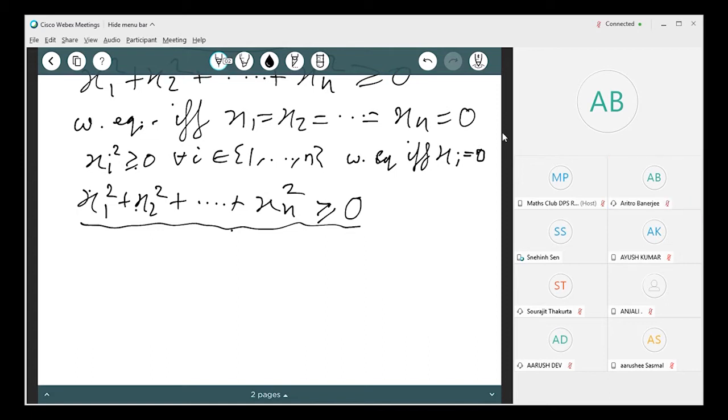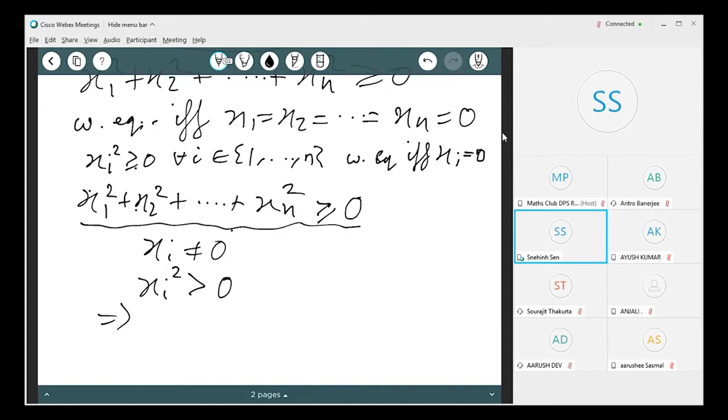Yes, we can do that. What you said, I get that you're somewhat assuming an induction over there: that for n minus 1, the sum is greater than or equal to 0. You already know it, and then you are using that fact, right? That if xi is not equal to 0, then xi square is greater than 0.